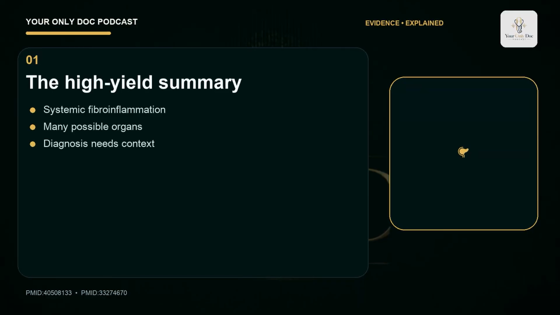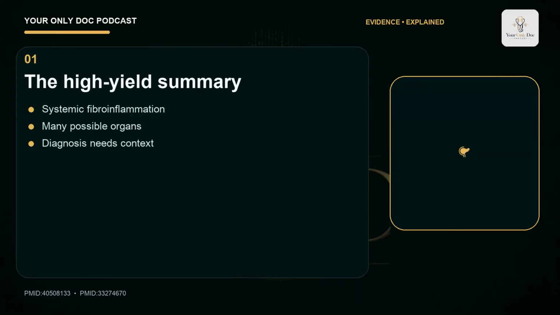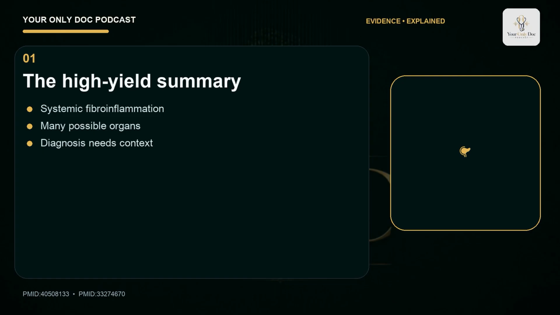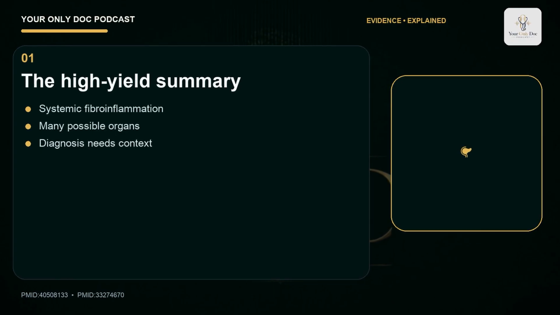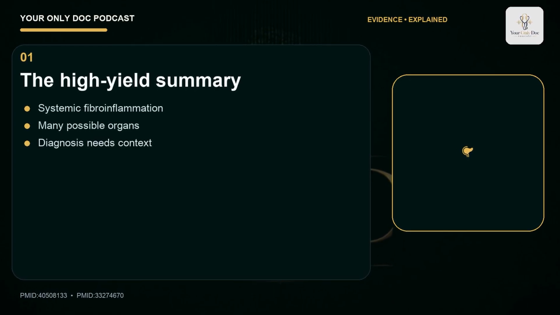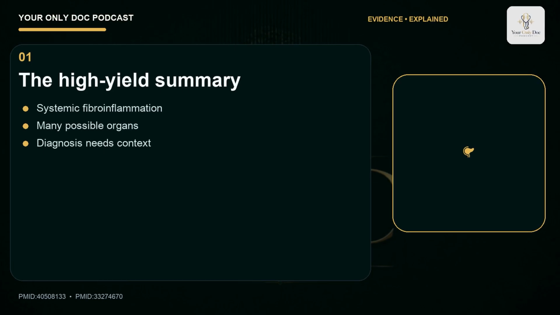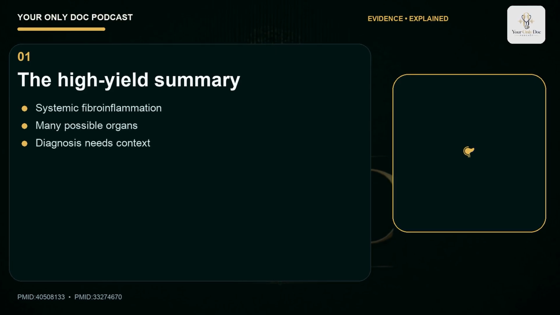Too busy? Here is your high-yield summary. IgG4-related disease is a systemic fibroinflammatory illness. It can produce swelling, masses, and progressive scarring in almost any organ. Common patterns involve the pancreas, bile ducts, salivary and tear glands, kidneys, lungs, lymph nodes, and the tissue behind the abdominal organs.